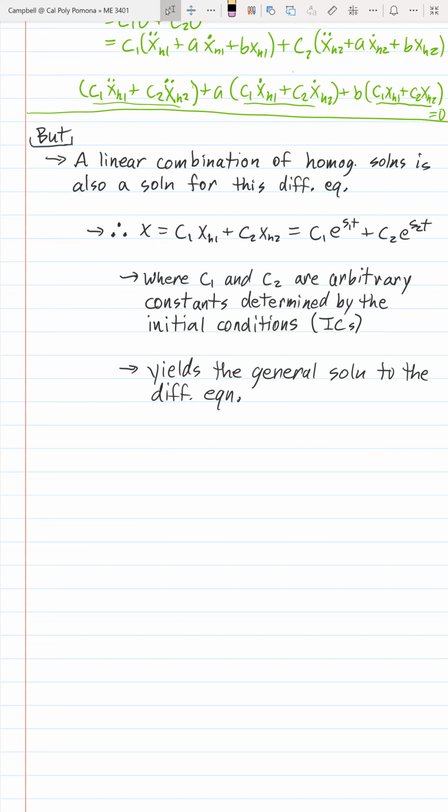Additionally, since we are dealing with real roots, one of the things that we can also see is that we have what we call an exponential response associated with this particular system.